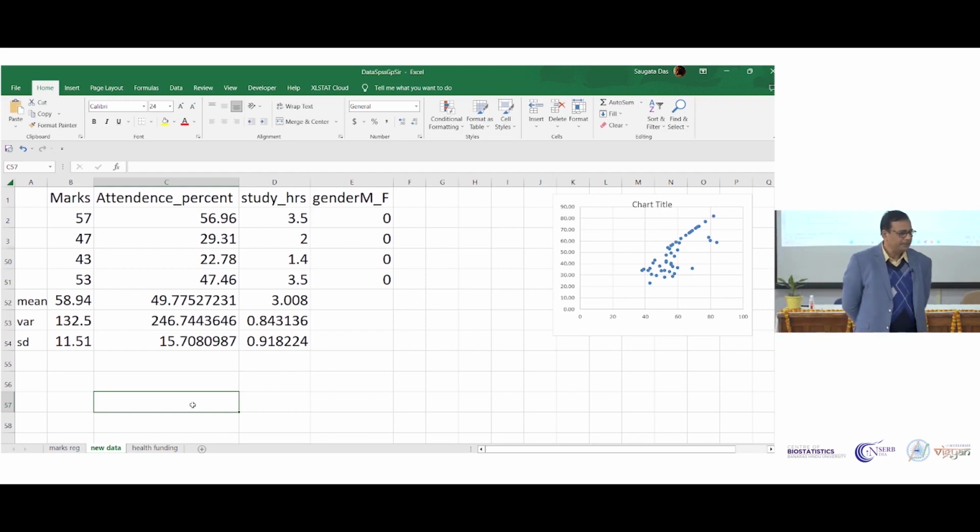We see that the relation of marks with attendance seems to be linear. You do not speak perfectly yet, so always use a word like seems or likely.